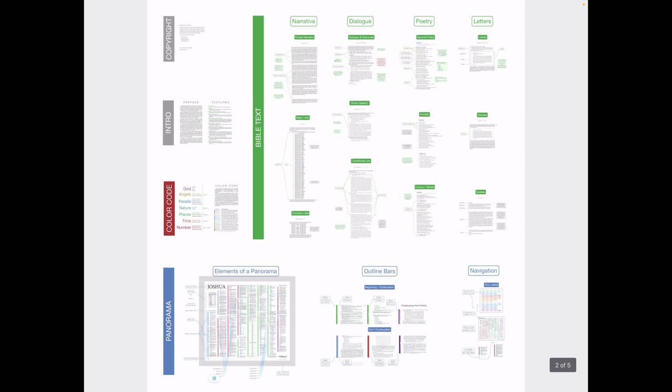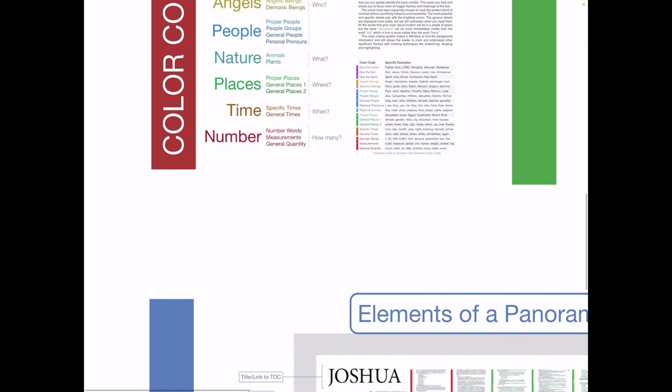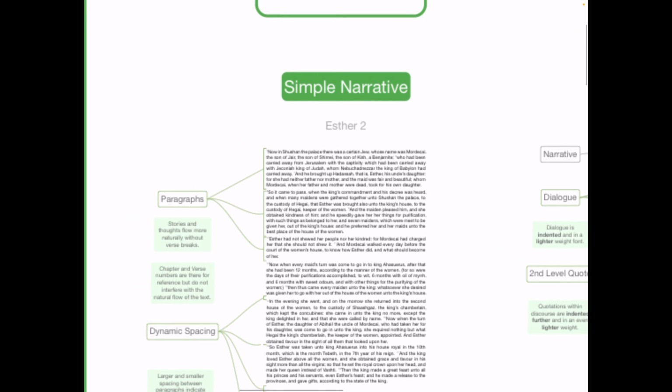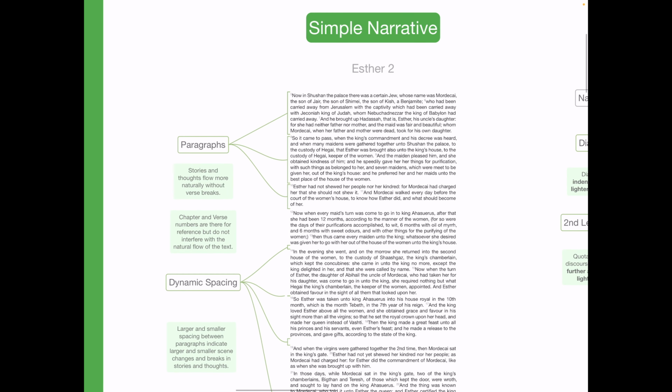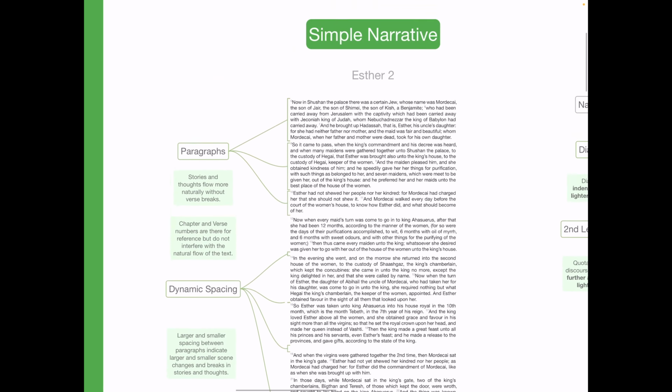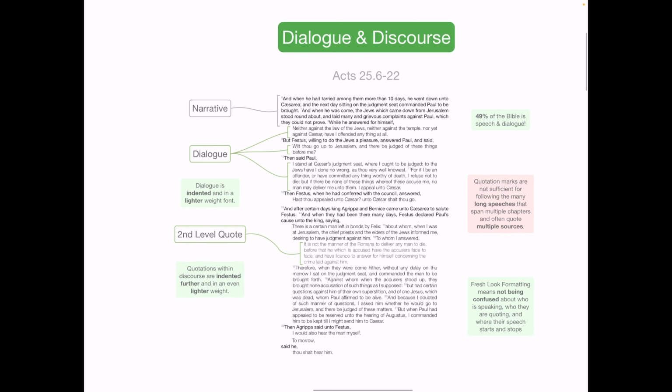We start off with an introductory page after the title page that gives you the copyright, the intro, the color code, and goes into some depth about the different Bible text features, just the way that the Bible text is laid out.